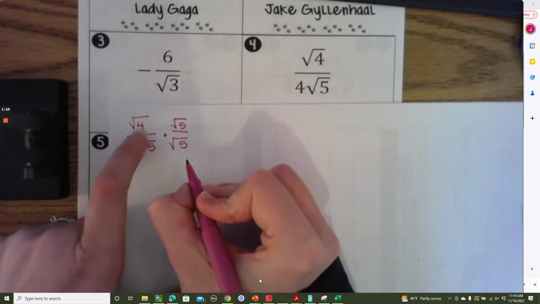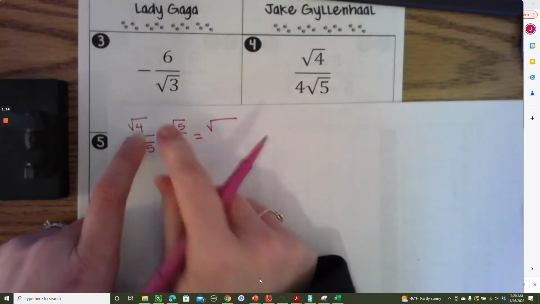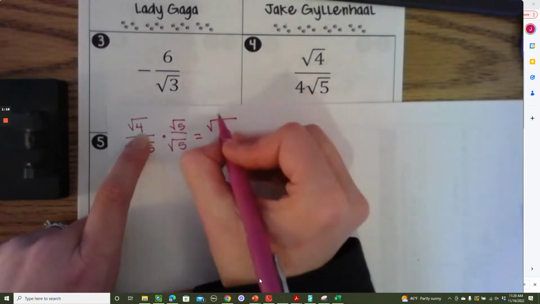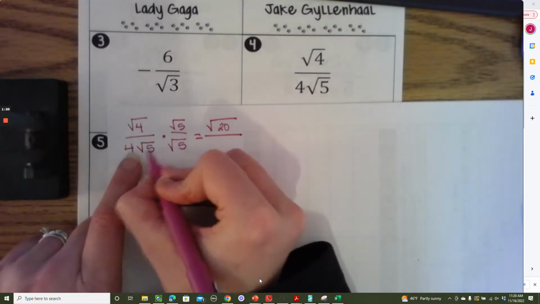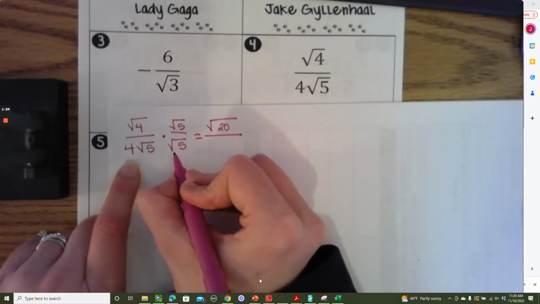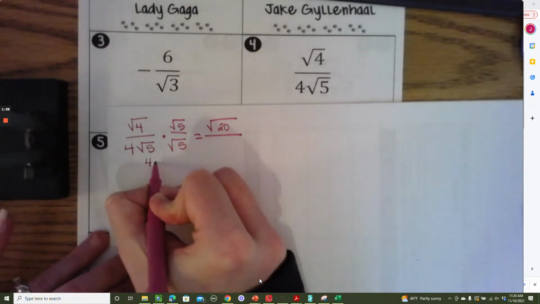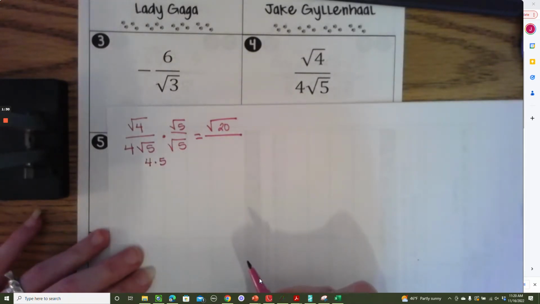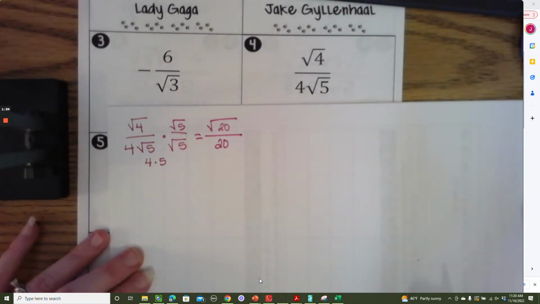Okay? So, multiplying two radicals, keep the radical, multiply the numbers underneath. 4 times 5 is 20. Here, 4 times the square root of 5 times the square root of 5. Mathematically, you're going to do 4 times 5, you get 20.